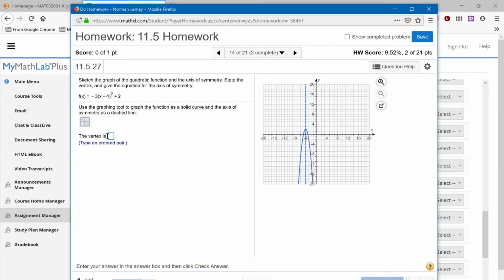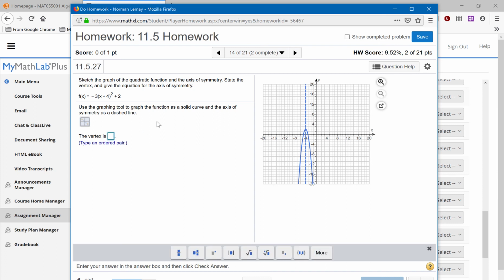Our coordinate for our vertex is, so we can see we shifted to the left 4, so we get a negative 4. And then we get a 2. Oops. Got to get it inside the blue box, I guess. There we go. Back over 2. All right. Check our answer.